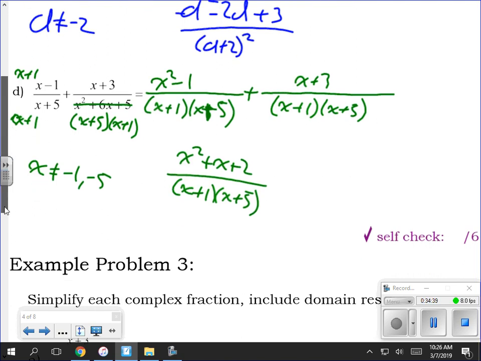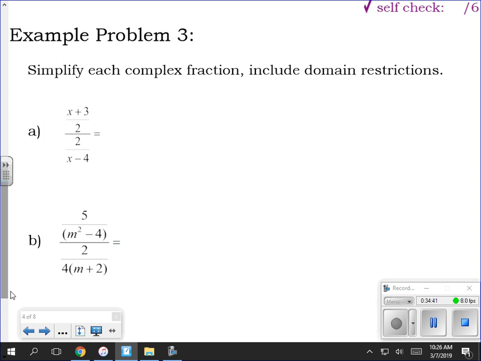Okay, now you are about to learn why you invert and multiply when you divide fractions. So these are compound fractions. I want to simplify the compound fractions. Now, actually naming my domain restrictions goes really easy here. I'm not allowed to have 0 in any denominator. 2 will never be 0.